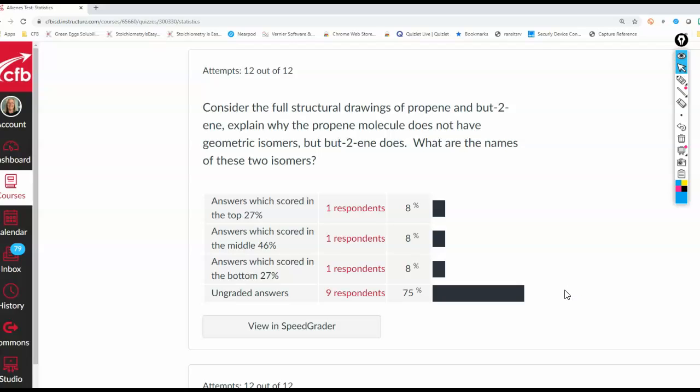Consider the full structural drawings of propene and butene. Explain why the propene molecule does not have geometric isomers, but butene does, and what are the names of these two isomers.